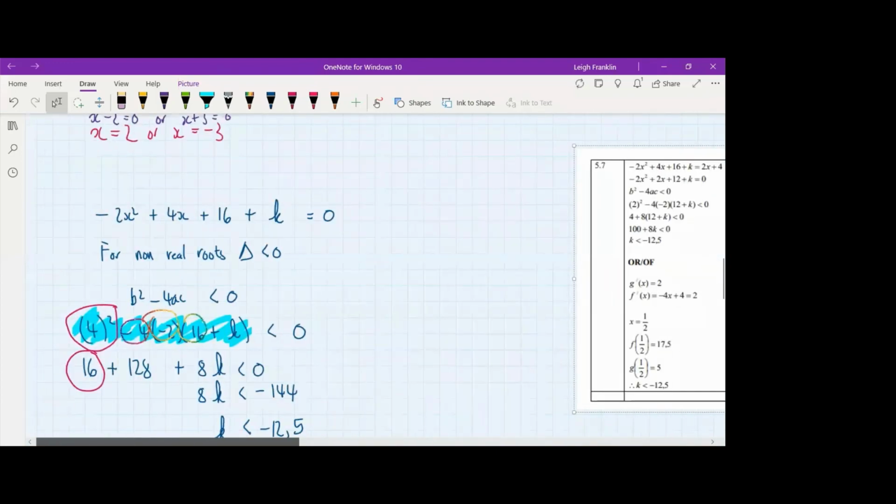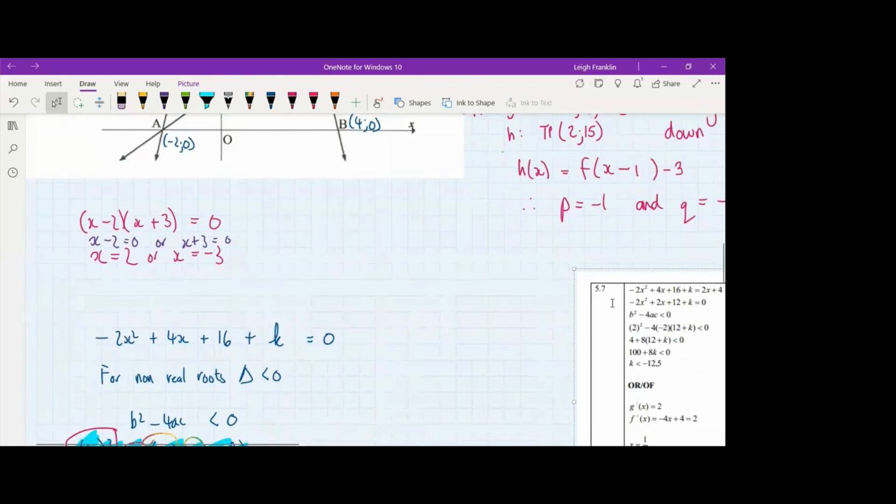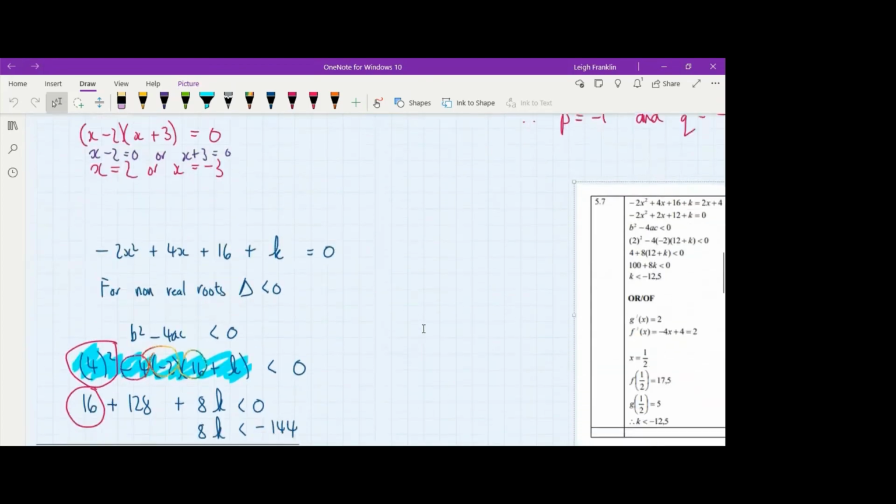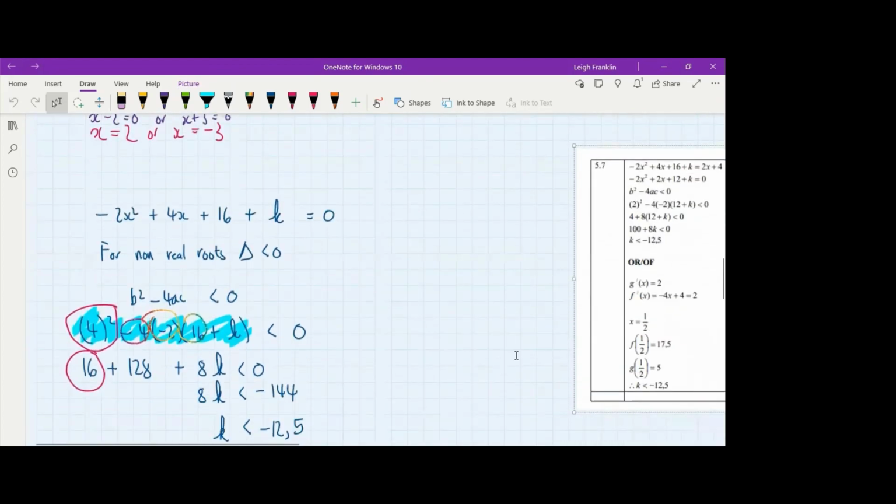Does that make sense to everybody? Do you understand what I've done wrong? So I calculated the values of k for which f of x and k will not intersect. My apologies, I forgot about g. So here it should have been equal to, beg your pardon, this should be 2x plus 4.